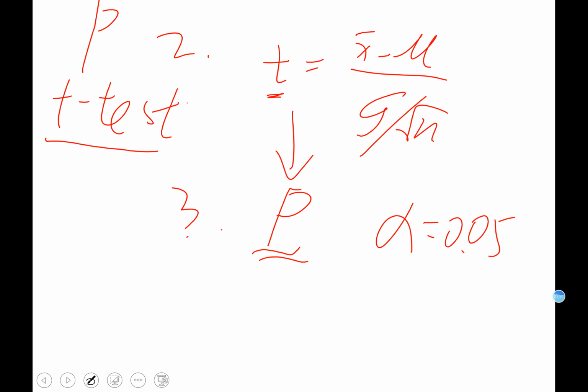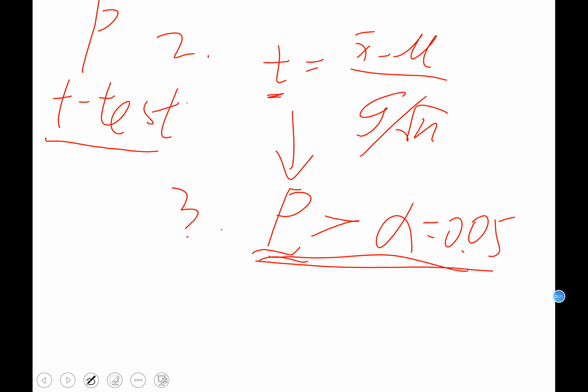And here we said that there are two kinds of conclusions in hypothesis testing. The first one is when p is bigger than alpha. That means the probability of the sample, or we can say the probability of H0, is very big. So we don't have enough evidence to reject H0.